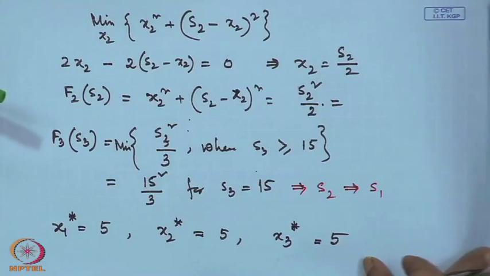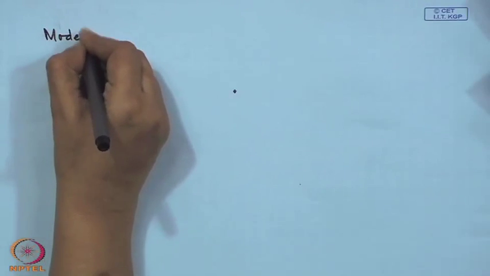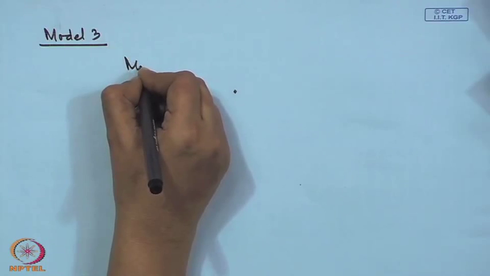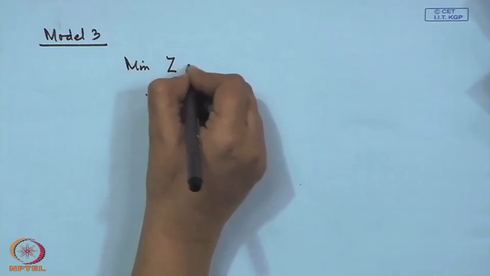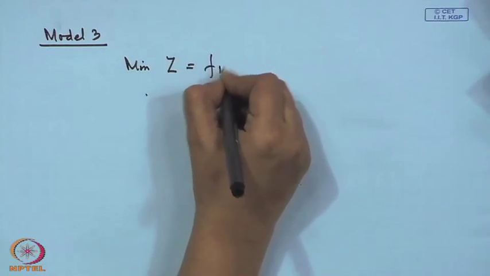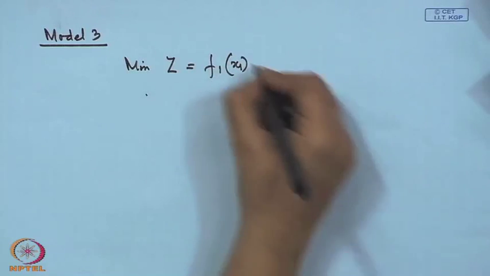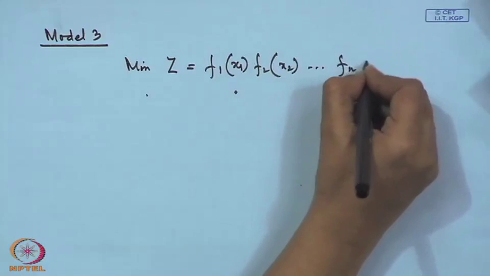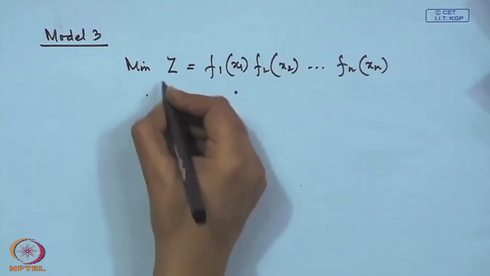Now, let us move to the next model. Model 3, where we are considering the problem minimization or maximization, anything we can take, where the objective function looks like this. These are all in a multiplicative way.